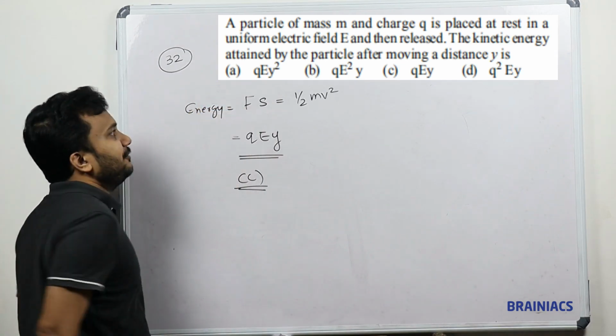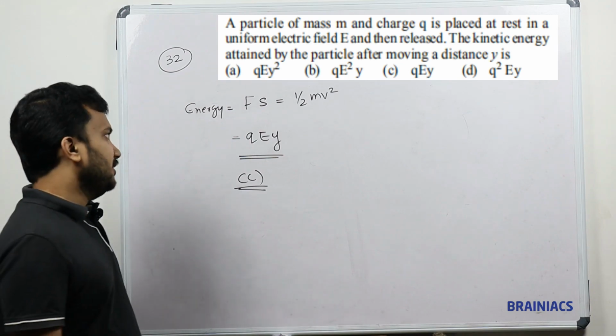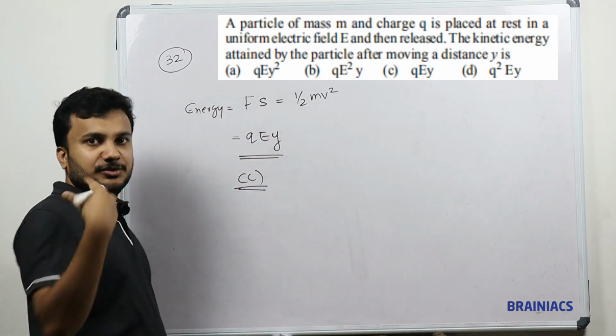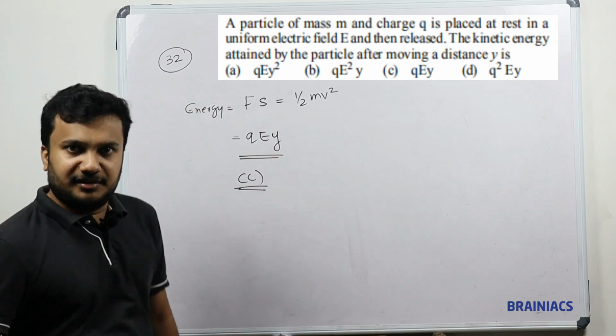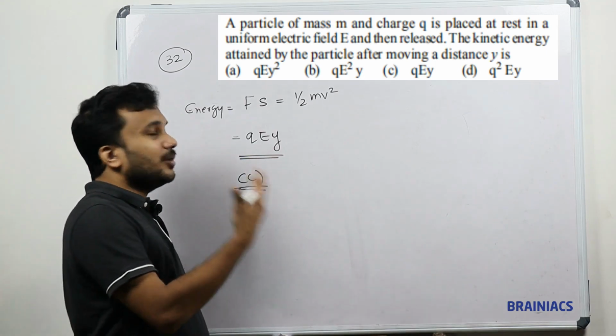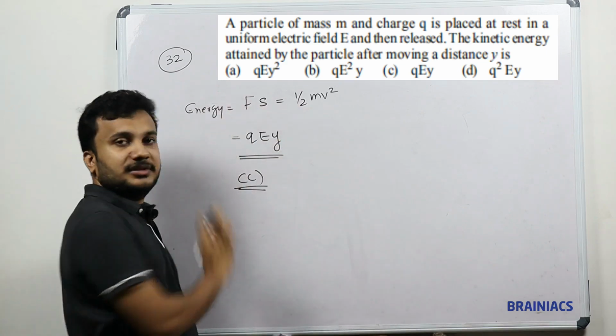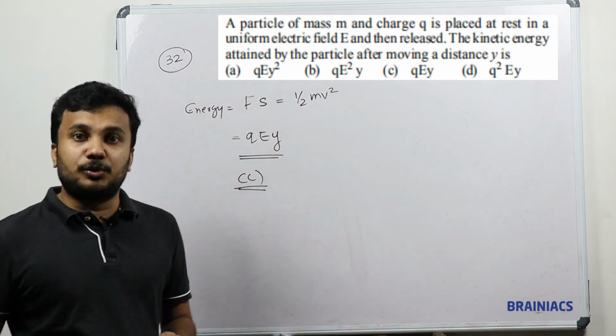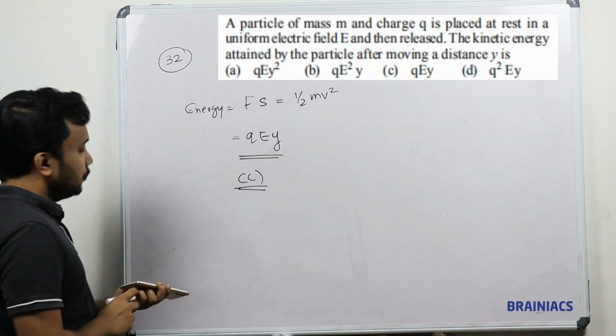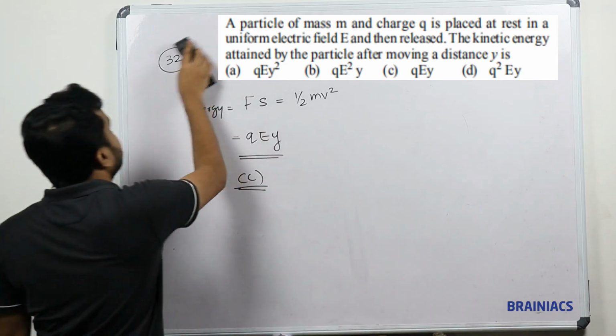Energy is equal to Fs equal to half mv square. This Fs, force into displacement, is called work energy, and that energy is converted into kinetic energy. Here we have no way to find out v, so all these energies are equal to each other. Okay, so 32 is over.